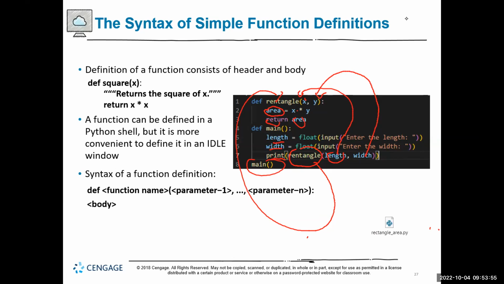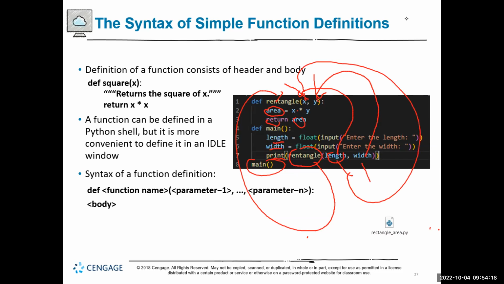A parameter is what you use to define the function. An argument is the value you pass into the parameter of the function when you call the function. Make sense? Okay, so think about this one here. x and y are parameters, and length and width are arguments. You pass the value into the parameter.